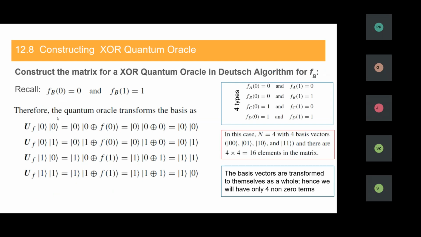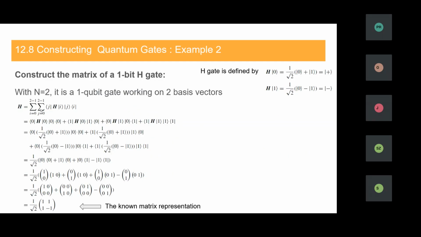I'm running through this and putting up all the 4 combinations. For each of these operators, h of 0 or h of 1, I use this rule, plug in the values, and juggle around with the terms, and this is what I get, a matrix representation. And this is once again the same known matrix representation for the Hadamard gate.